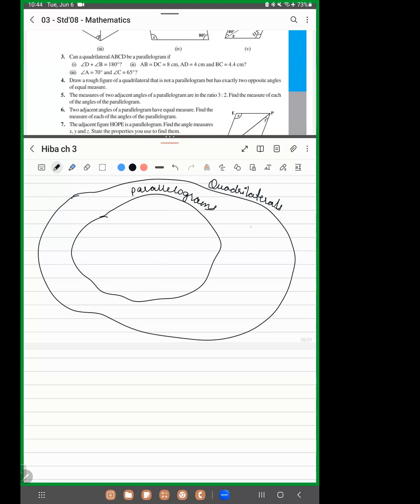Now there are still some other quadrilaterals left outside this parallelogram wala bag, hai na? Can you see these that are left outside the parallelograms? These are not parallelograms, but they are quadrilaterals. Yes or no? For example, kites. Kites are not parallelograms. And also trapezium. Trapezium, very good. Trapezium.